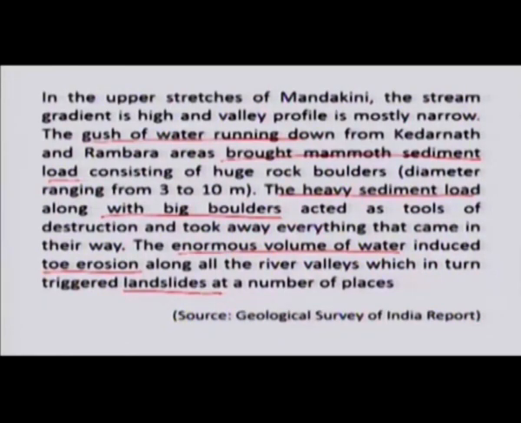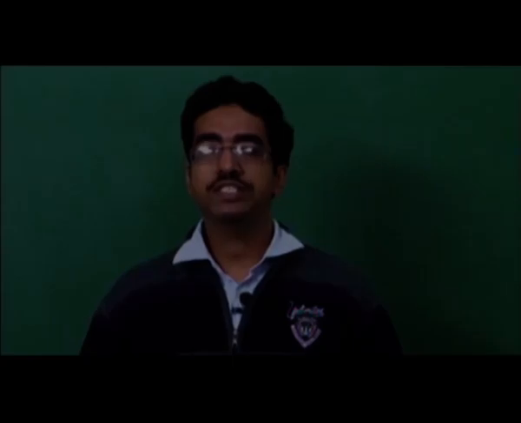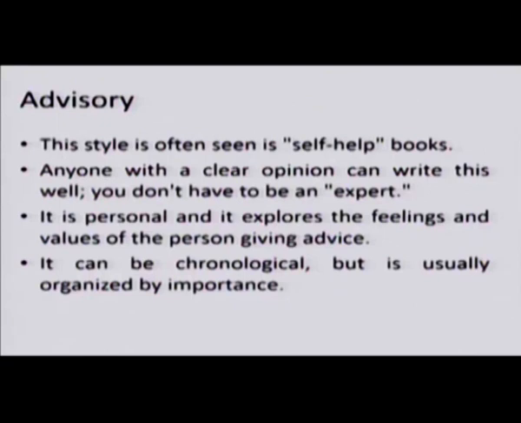So, this is a clear example of a historic process analysis, something which has happened in the past and is now explained in detail in chronological sequence, as we saw in this case. The second type is advisory process analysis.